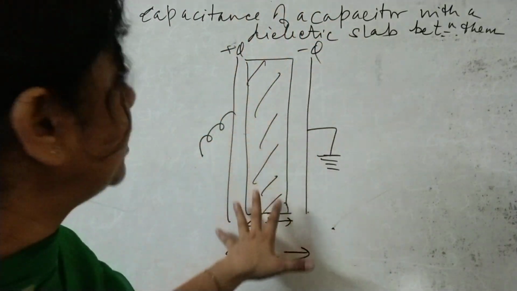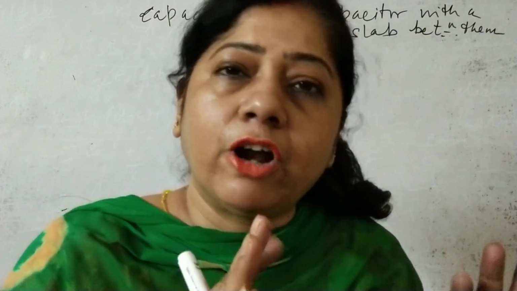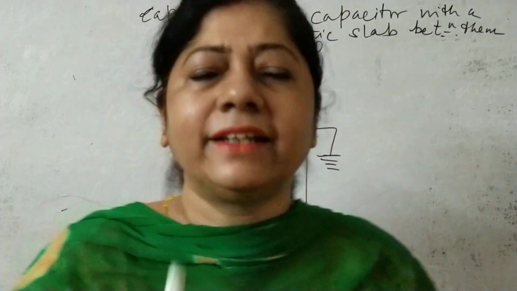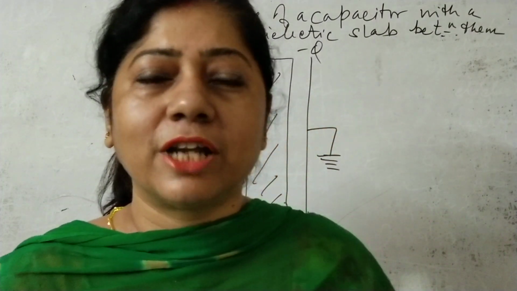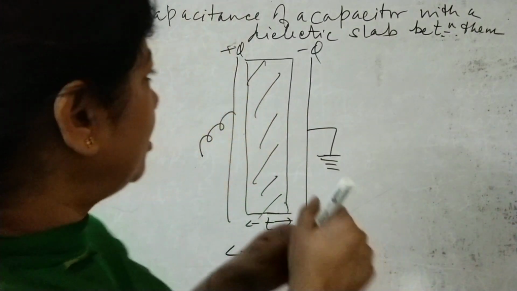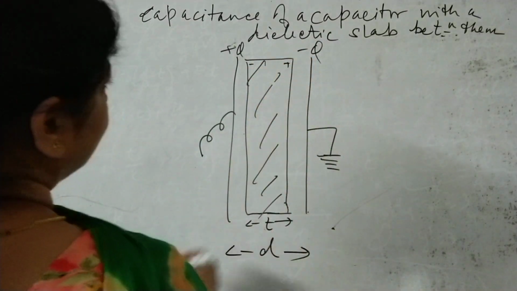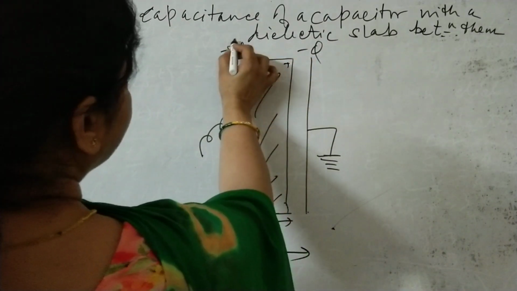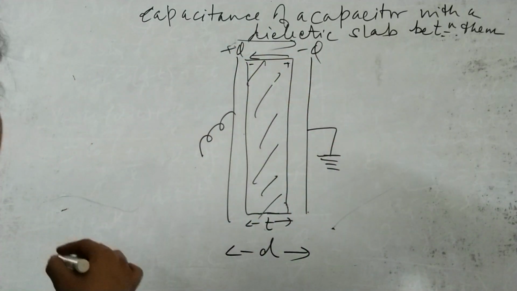But when you introduce a dielectric, due to the polarization phenomenon, the charges start rearranging, and as a result an electric field is introduced in opposition to the original one. Why? Because this side becomes negative and this side becomes positive. So the original electric field is in this direction, but inside it is in the opposite direction.